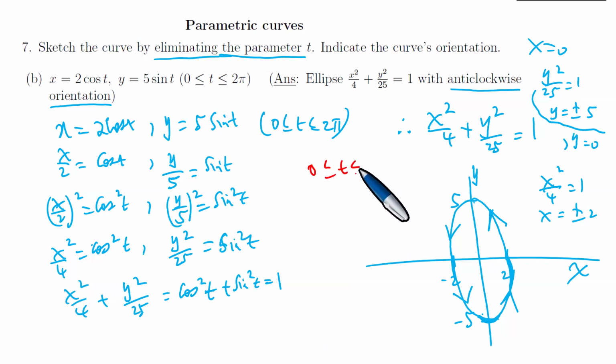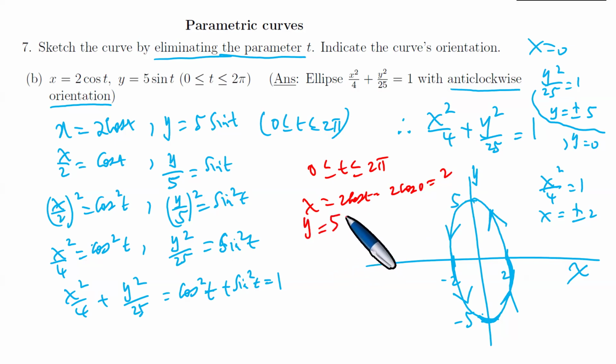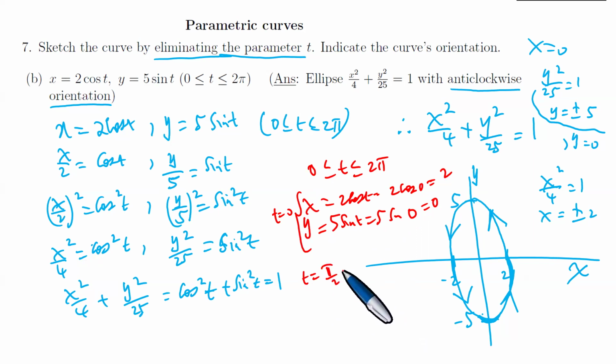So you have x equals 2 cosine t, which is 2 cosine 0, which is 2. And y is 5 sine t, 5 sine 0, which is 0. This is going to happen when t is 0. There's another step where t is pi over 2, just halfway, taking 90 degrees.